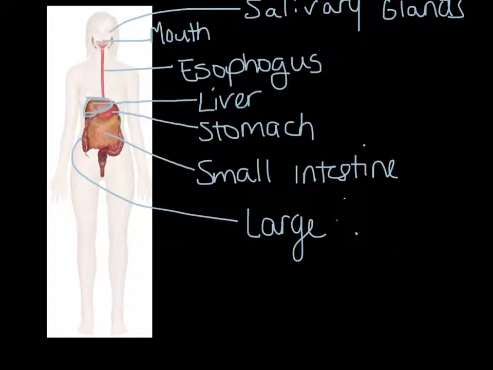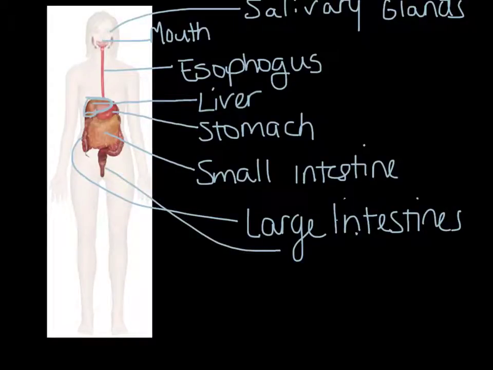Sorry about that. Intestines. The rectum, which is, again, a part of the large intestine, but the way that we can actually excrete that waste. And then the pancreas is going to be located kind of down towards the bottom side of the stomach.